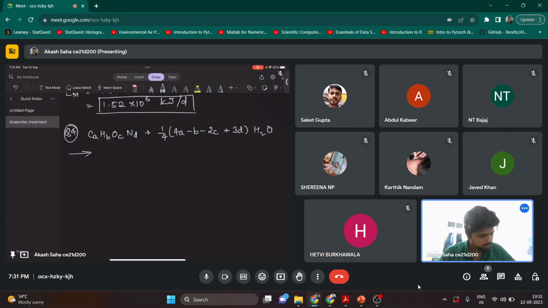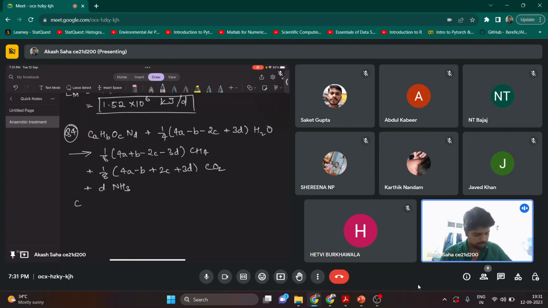It will give 1 by 8 (4a plus b minus 2c minus 3d) CH4 plus 1 by 8 (4a minus b plus 2c plus 3d) CO2 plus d NH3. So this is the basic formula.